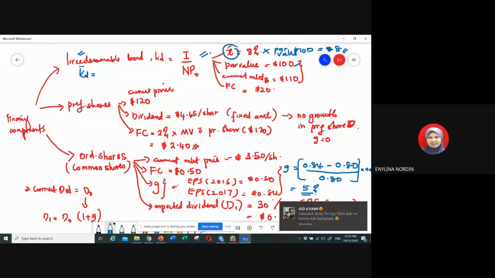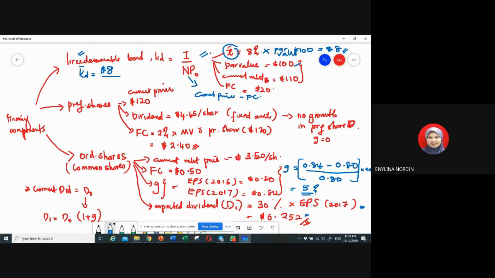So you can simply take the annual interest amount, 8 ringgit, and divide by the net price. What is the net price formula? Current price. You have to deduct the flotation cost. So what is the current price? This is the current price, issued price or market value of bond, which is 110. You minus the flotation cost of 20 ringgit.